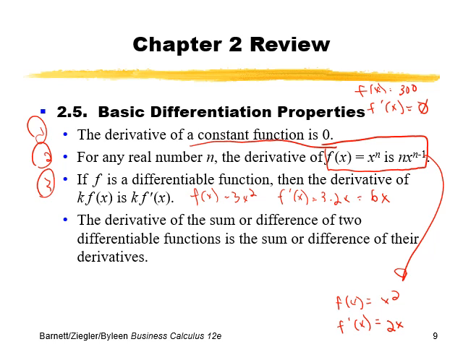And the derivative of a sum or difference is equal to the sum or difference of the derivatives. So, for example, what is the derivative of 3x plus x squared plus 4x cubed? Then all you do is you take each individual derivative.